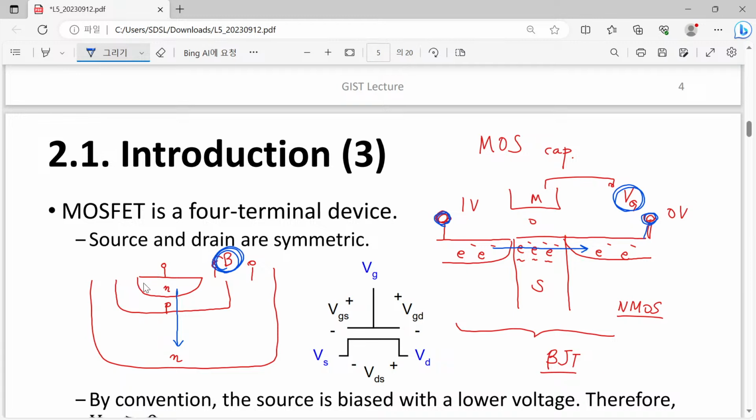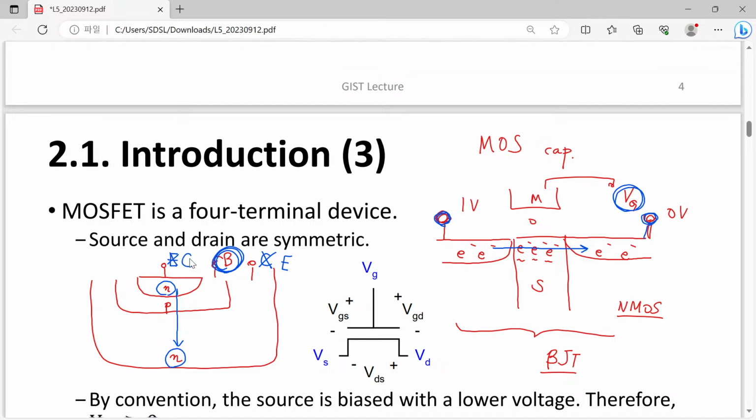However, please have a look at the BJT. Here we have an N-type region and here we have another N-type region. However, are they symmetric or not? For example, this one is usually called the emitter contact and this one is called the collector contact. However, you cannot swap them. For example, if I wanted to use this one as the emitter and this one as the collector, no, this doesn't work well because they have different structures.